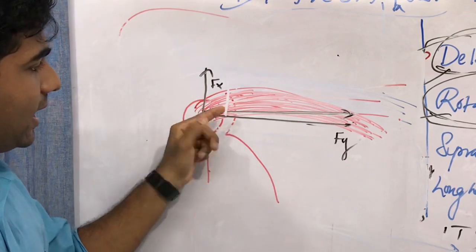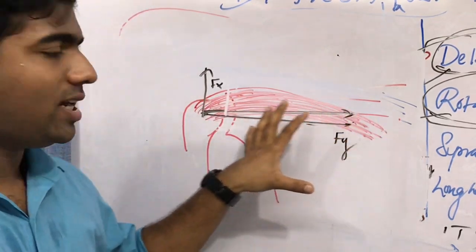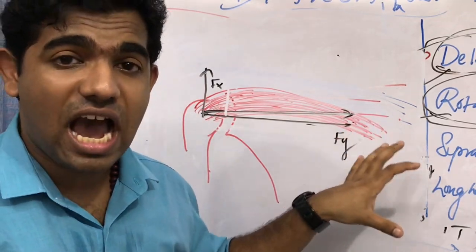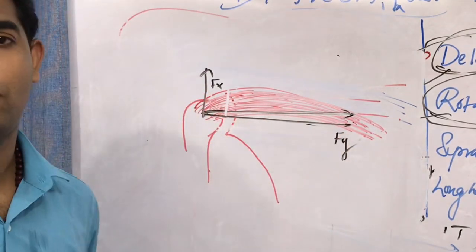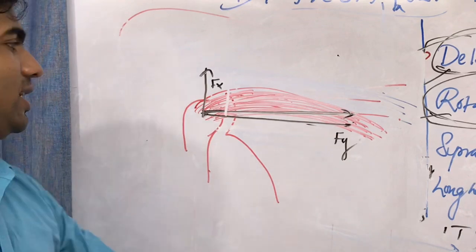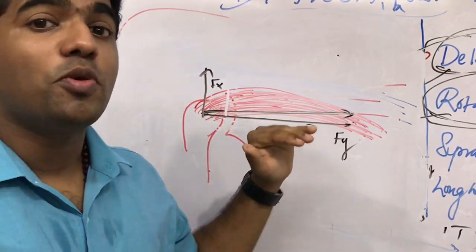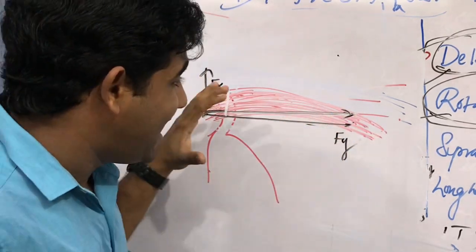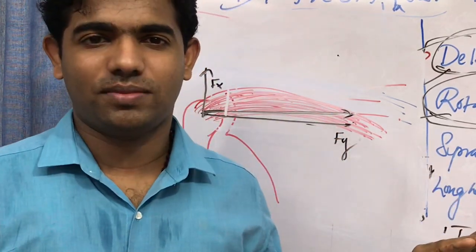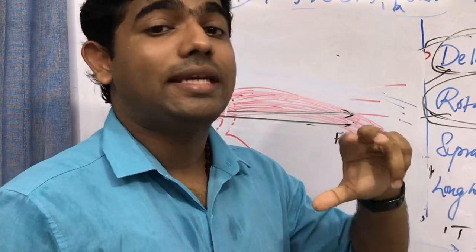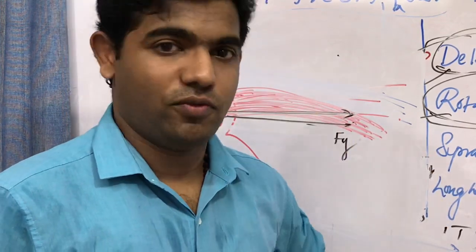You see that the Fy component of the supraspinatus is very large as compared to the Fx component. That means the supraspinatus is capable of producing a joint compressive force.